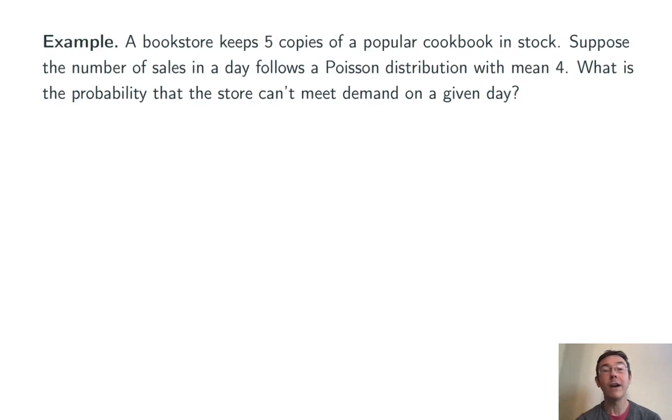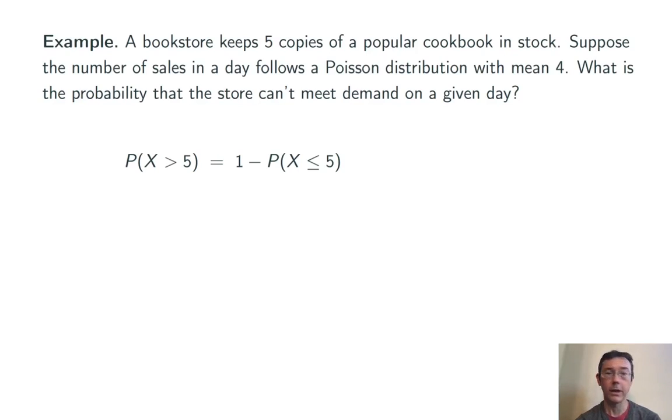Another example. A bookstore keeps 5 copies of a popular cookbook in stock. Suppose the number of sales in a day follows a Poisson distribution with mean 4. What's the probability that the store can't meet its demand on a given day? In other words, what's the probability that the number of sales in a day is greater than 5?